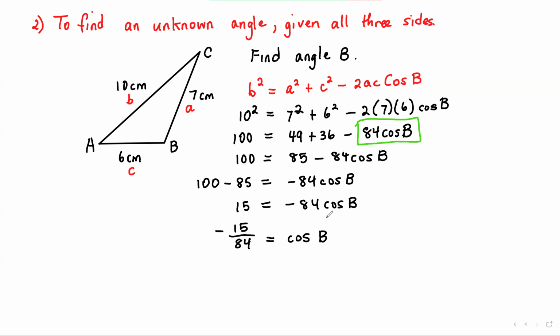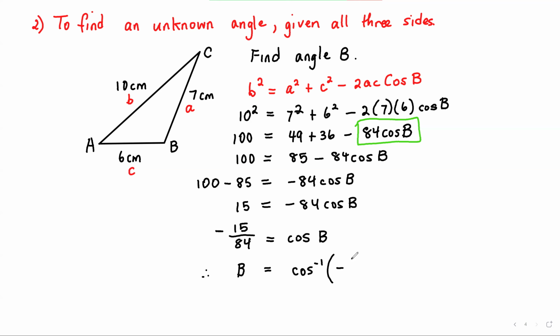And like with any, when you're finding the angle, you always use the inverse function, right? So therefore, B would be equal to cos inverse of negative 15 over 84. And you could have worked that out to get the actual decimal if you wish.